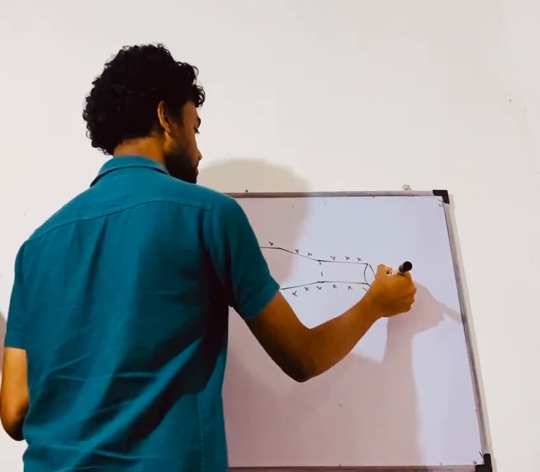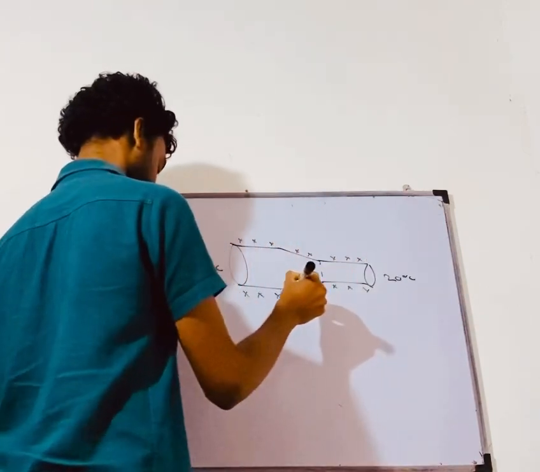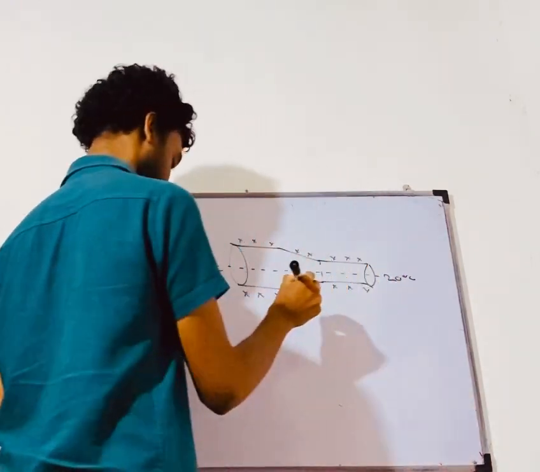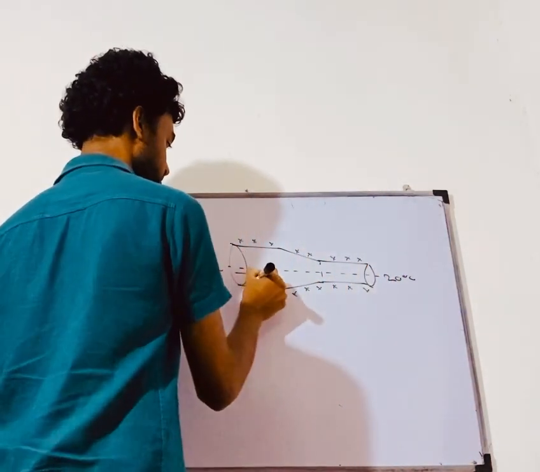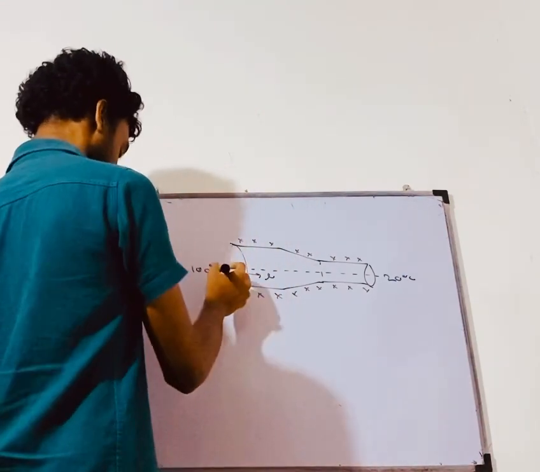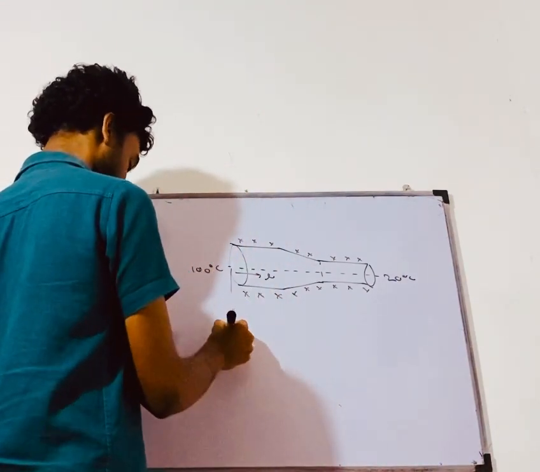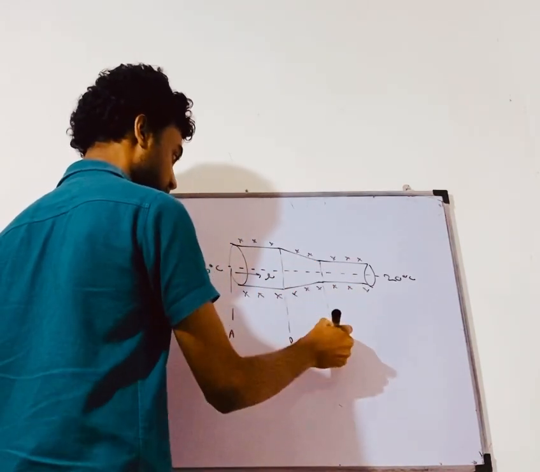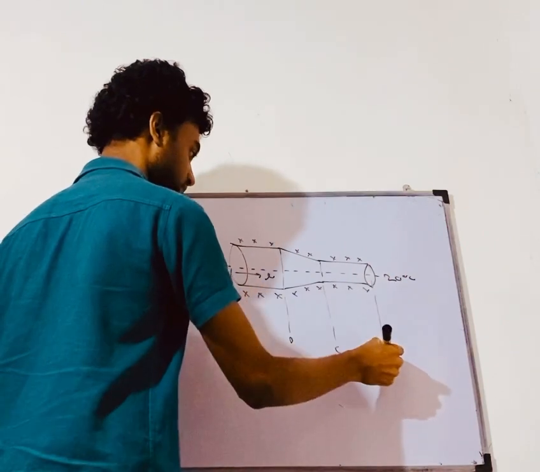The temperature at this end is going to be 20 degrees Celsius. And this is the line that I'm considering, and the length is taken along this line. So I have points like A, then I come to B, then I come to C, then eventually I come to D.